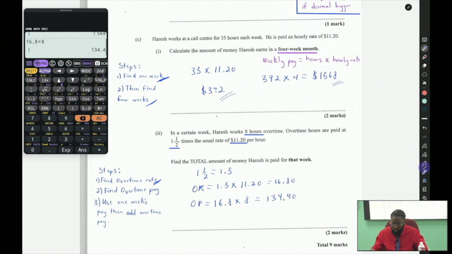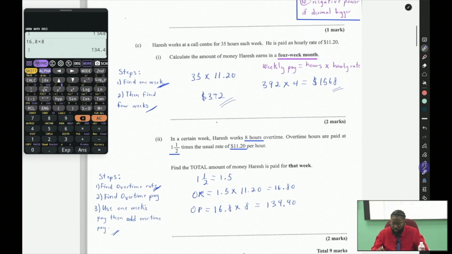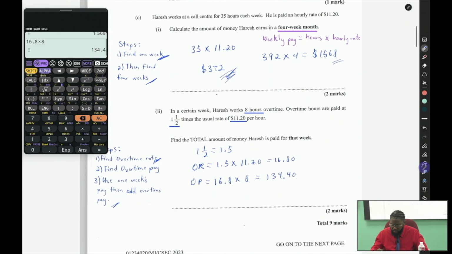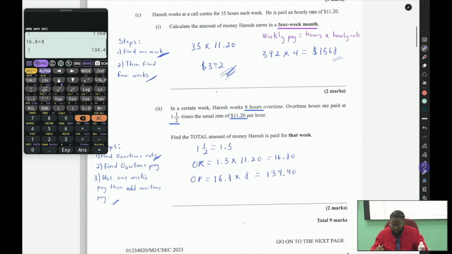However, we are not finished. We did not calculate the total amount as yet. So the next thing, which is the third step, we're going to use his 1 week pay that we calculated in part 1 of this question, which is the 392. All right, because that is his one week's pay.